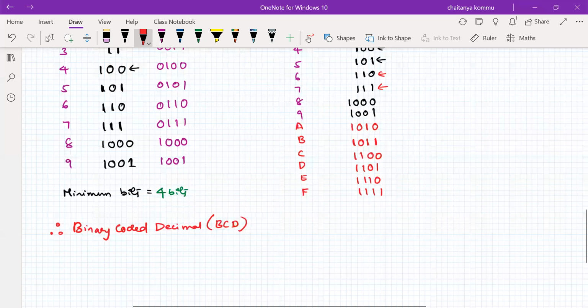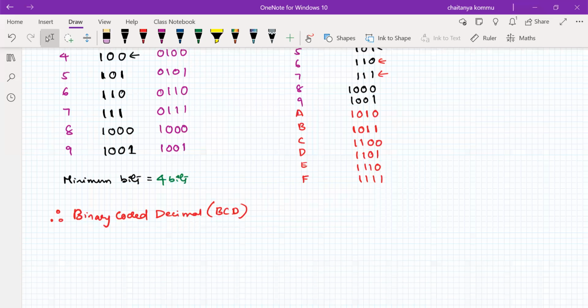So can you guess what is the minimum number of bits here also? 4, 4 only. So the minimum number of bits is equal to 4.